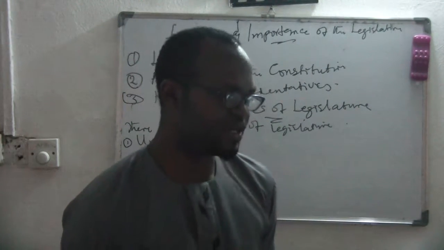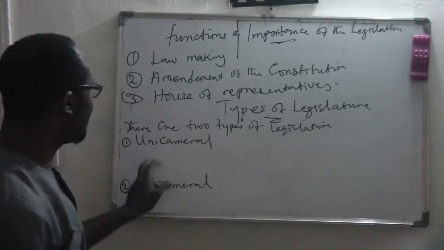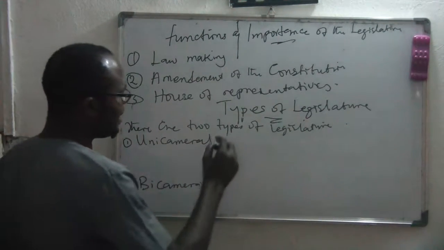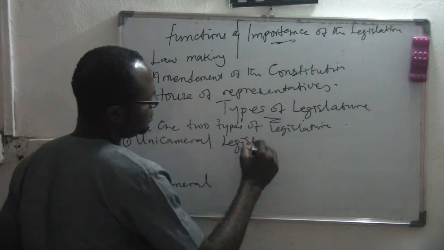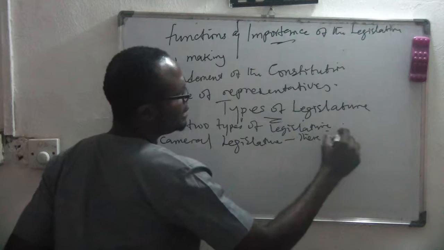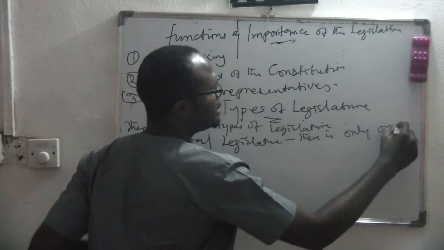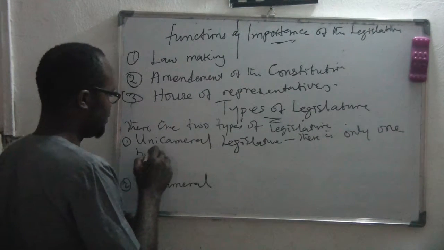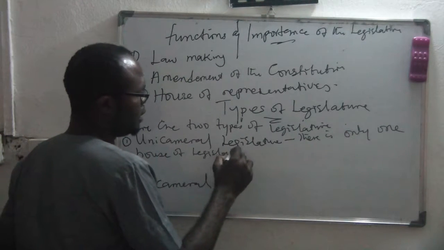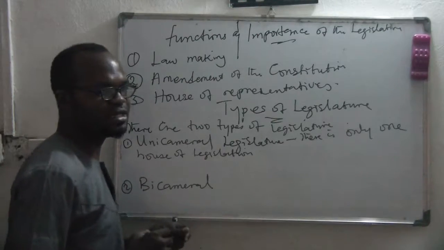Are we together? Have you finished writing that? So here we have unicameral and bicameral. In unicameral legislature, there is only one house of legislature. You understand?